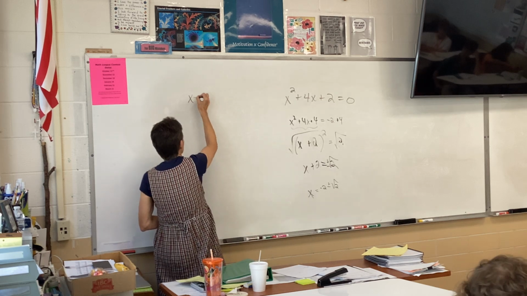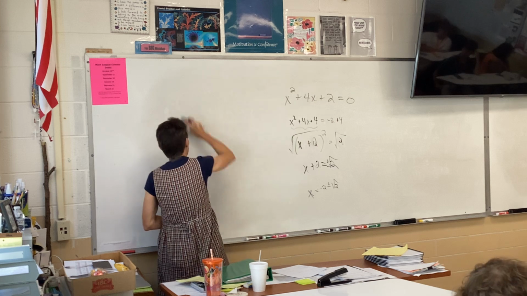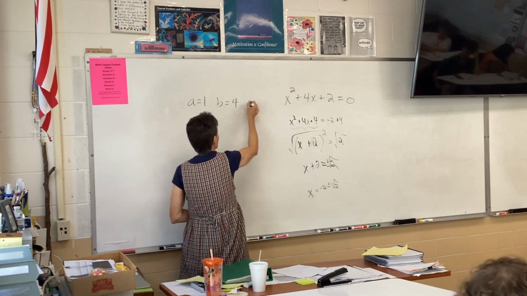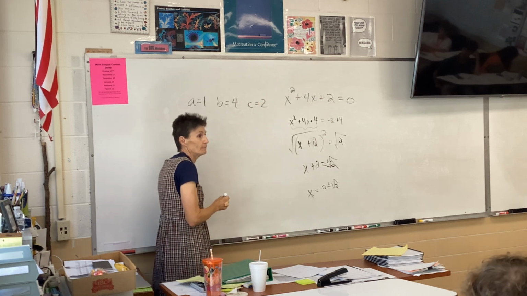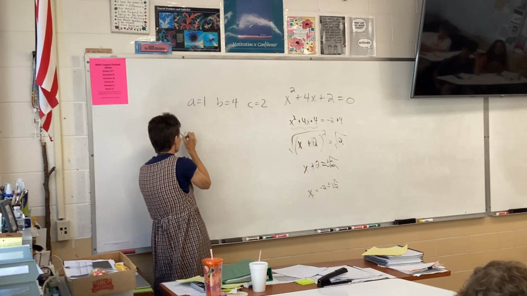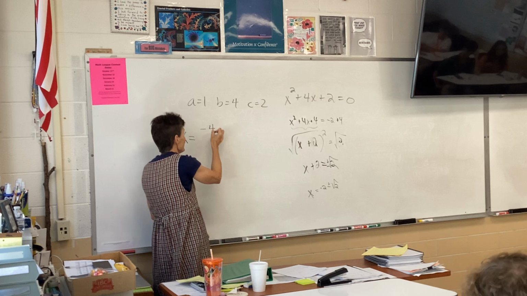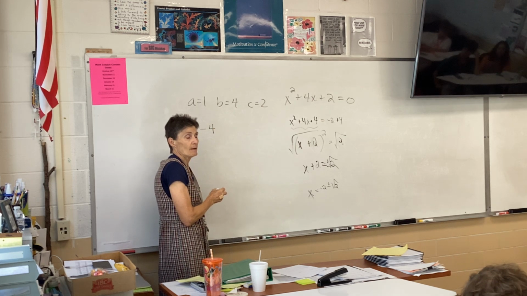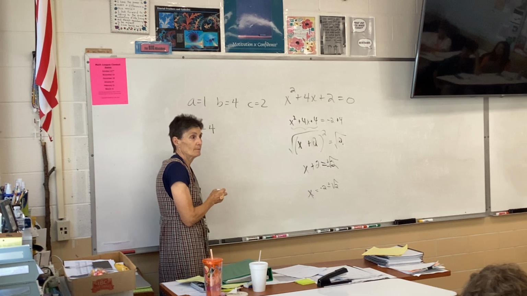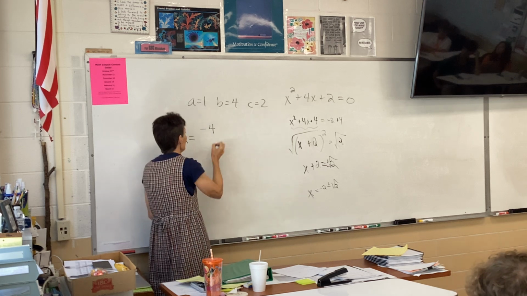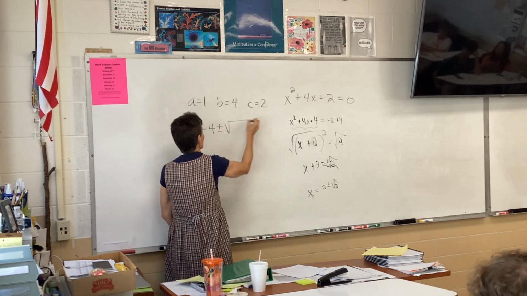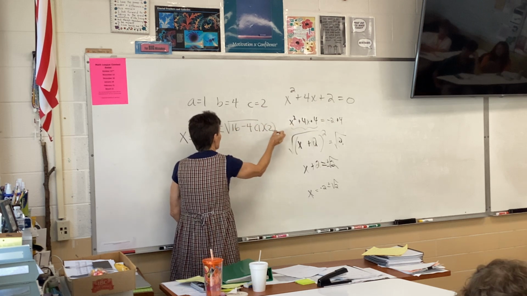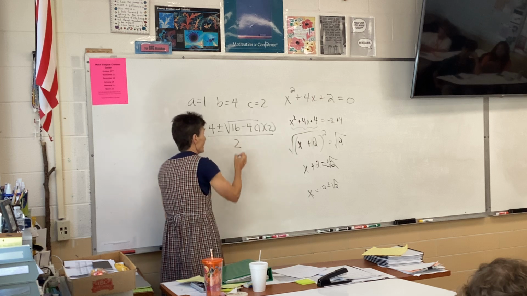So, Celeste, A equals 1, B equals 4, and C equals 2. Does that look right? So, X equals -B plus or minus the square root of B squared minus 4AC all over 2A.